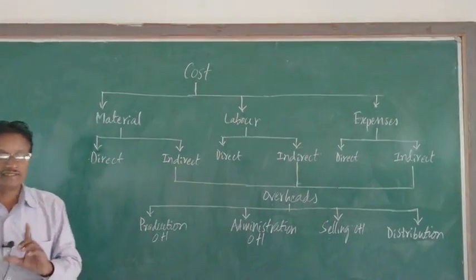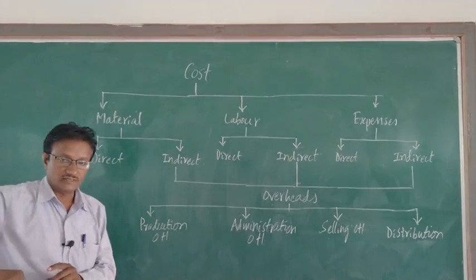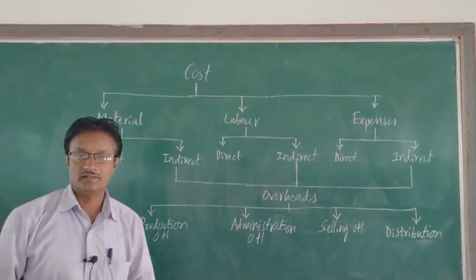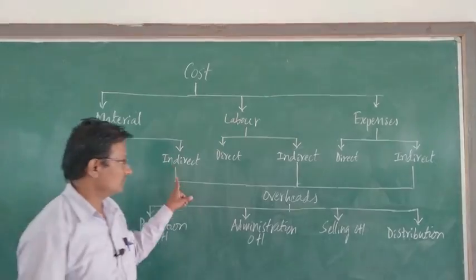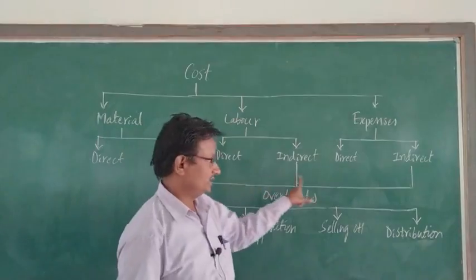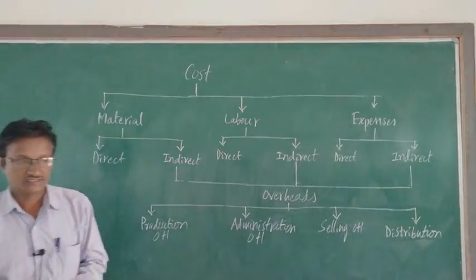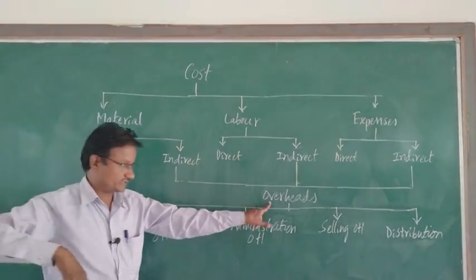And all indirect expenses are called overheads. Therefore, it may be indirect material, indirect labor, or indirect expenses. The aggregate of all indirect material, indirect labor, and indirect expenses, the combination of these three items, is called overheads.